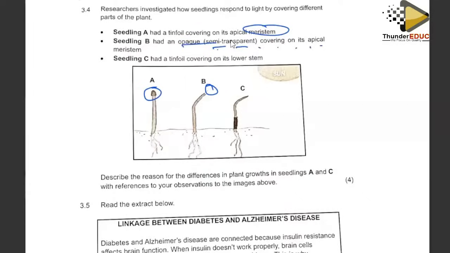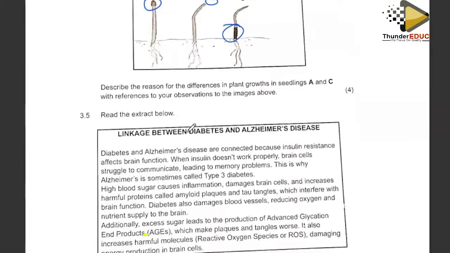Then they would have said translucent, not opaque, because opaque means you can't allow light. Okay. C had tin foil covering on its lower part. If it's on the lower part, then it's not affecting anything. Okay, they're saying describe the reasons for differences in the growth of seedlings A, B and C.